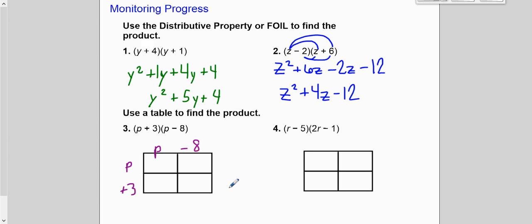Put it in the box. Make sure to combine like terms.